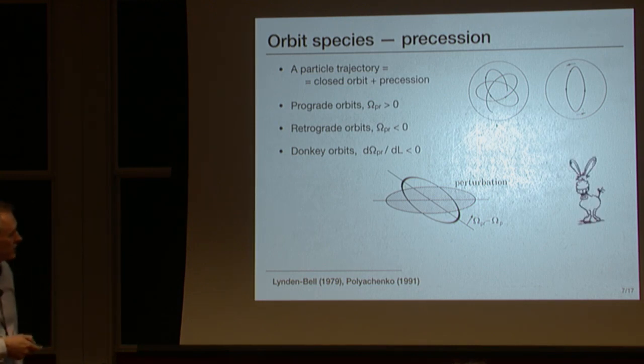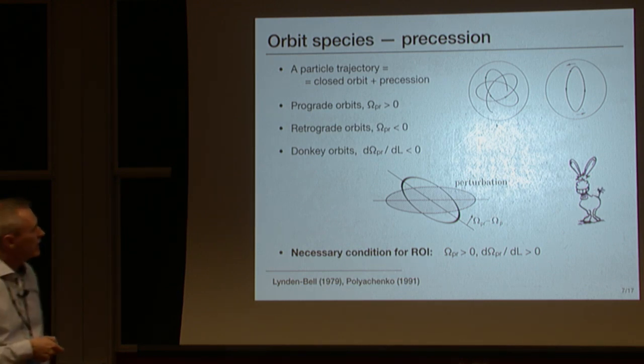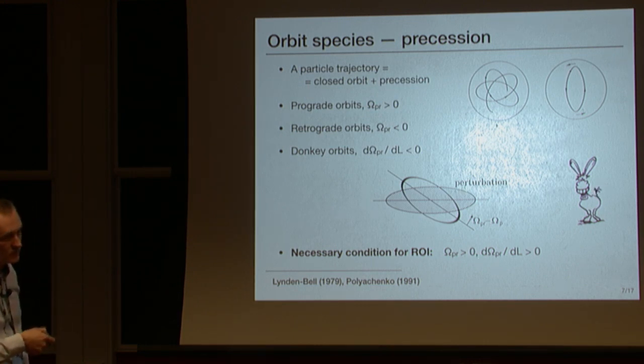So they behave like a donkey. And the necessary condition for radial orbit instability is positive precession, and another one is that they accelerate towards the bar perturbation.